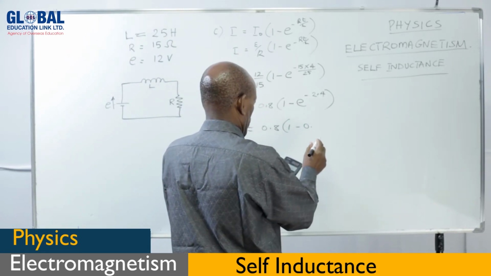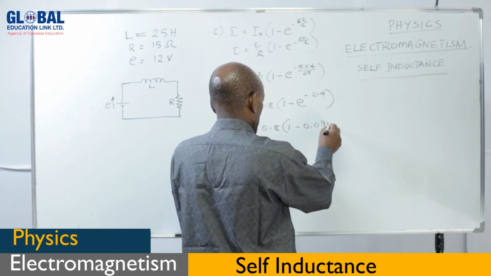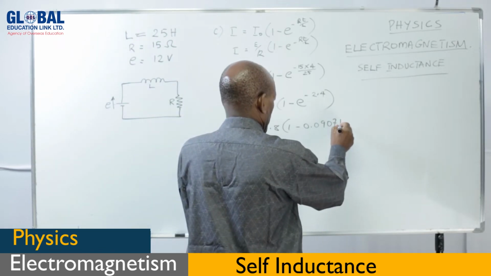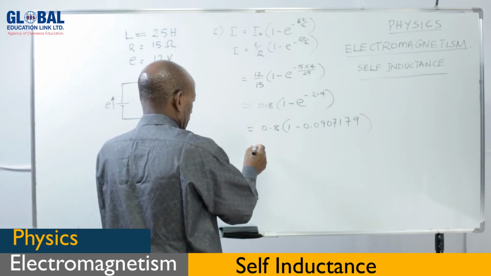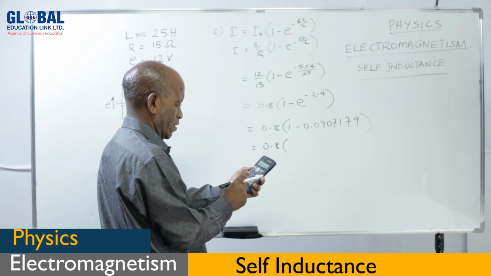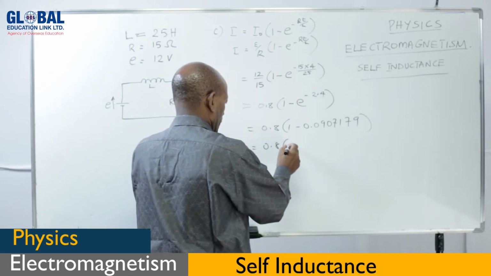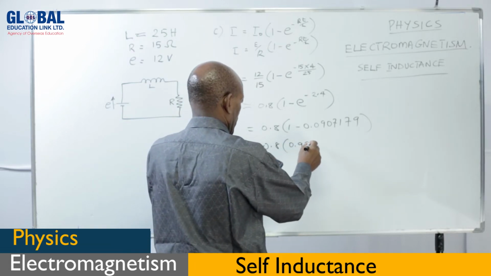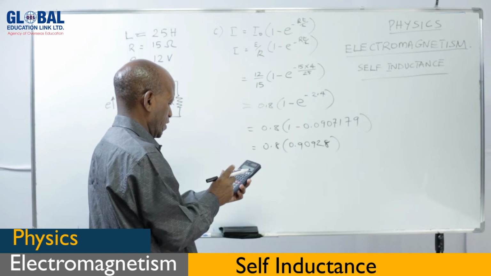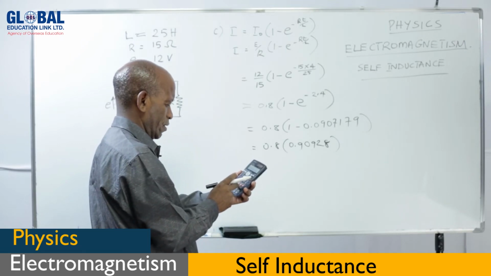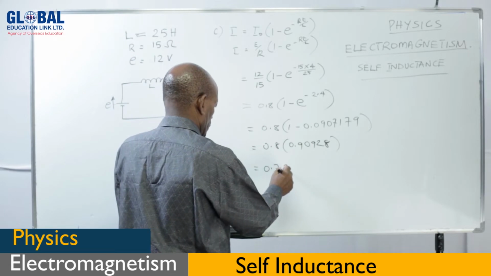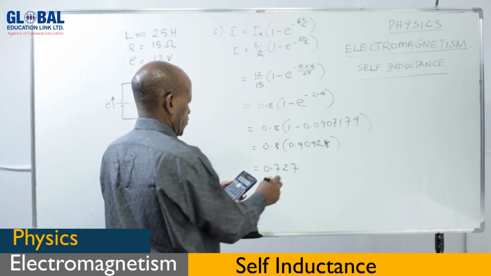The exponential is 0.0907179. Proceeding, 1 minus that gives 0.90928, and if we multiply by 0.8, we get 0.72742.